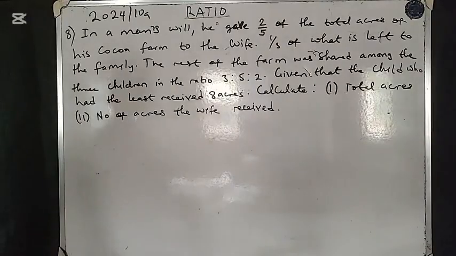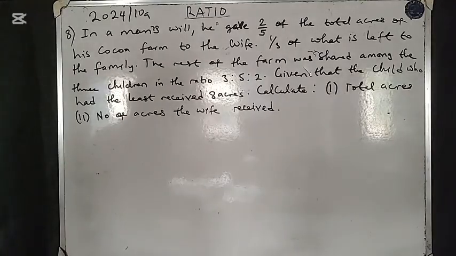Okay. In a man's will, he gave 2/5 of the total acres of his cocoa farm to the wife. 1/3 of what is left of the cocoa farm to the family. The rest of the cocoa farm was shared among the 3 children in the ratio 3, 5, and 2. Given that the child who had the least received 8 acres, calculate the number of acres the wife received. That's number 2, right? Now, what do we do?